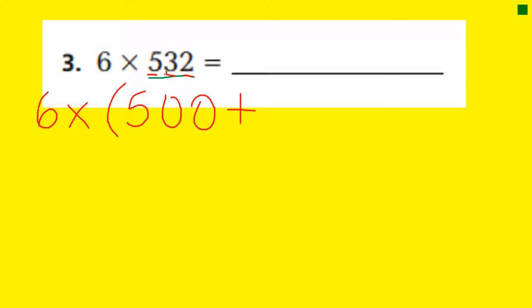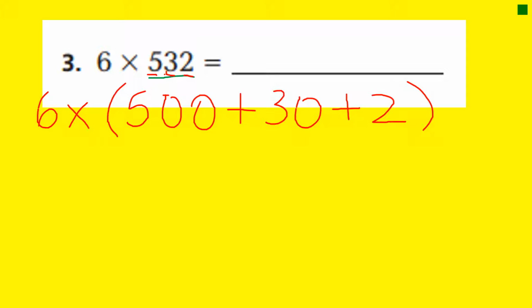There's my 5 in the hundreds place is worth 500, 3 in the tens place is worth 30, 2 in the ones place is worth 2, of course, right? So we have written 532 in expanded form. And I should have said that in the last one. So there it is. Boom.